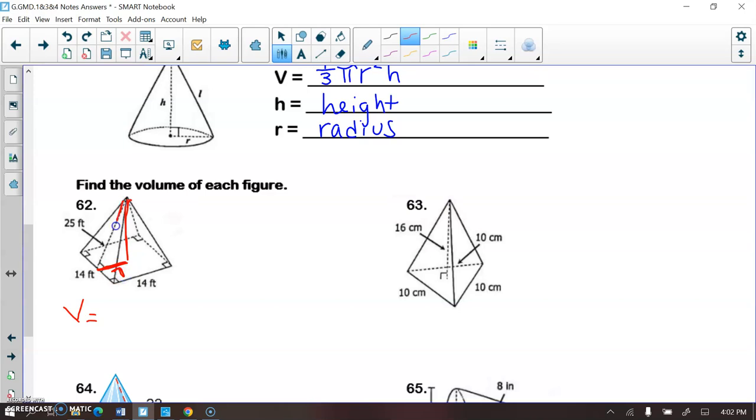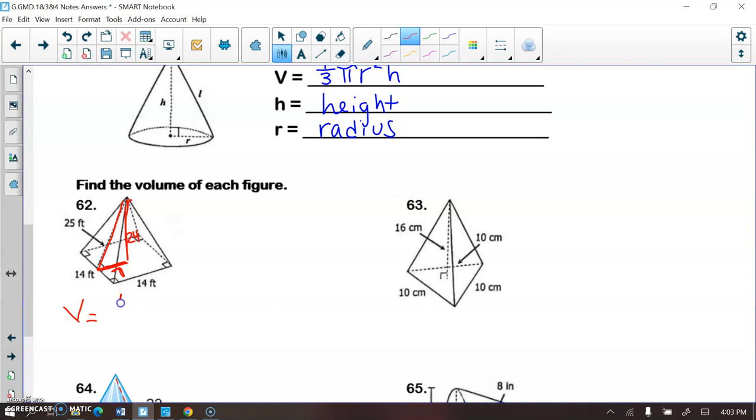And then this was a 25, and this is a Pythagorean triple. So 7, 24, 25 is your Pythagorean triple. That means the height is 24.